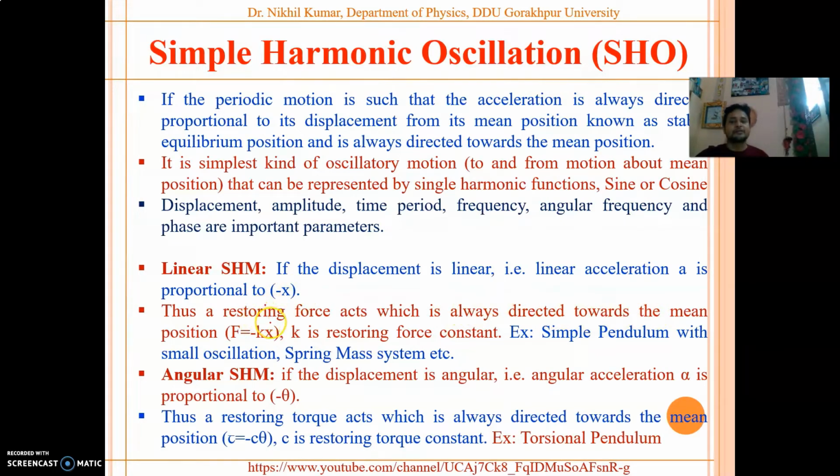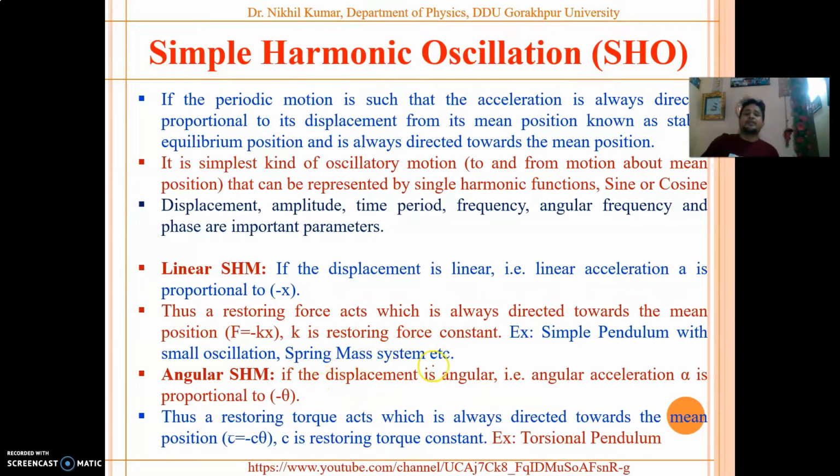So F is minus k into x, where k is restoring force constant. For example, a simple pendulum with small oscillation is assumed to execute linear SHM. Same for spring mass system as well.